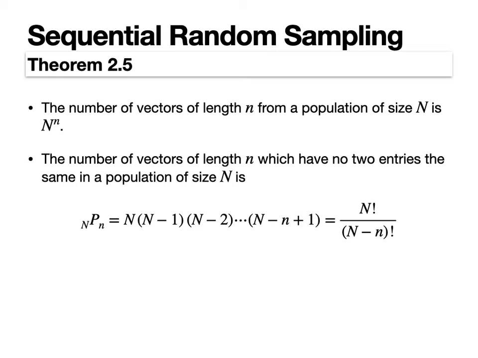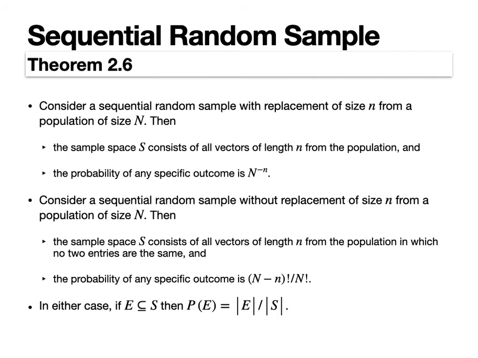So this theorem gives us the number of outcomes in each of the cases, sampling sequentially and with replacement, and sampling sequentially and without replacement. Of course, then the probability models directly follow. Since they're equally likely, in sampling with replacement, the probability of any specific outcome is 1 over capital N to the little n power.